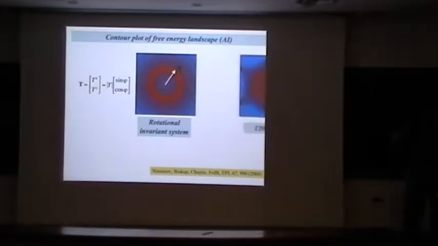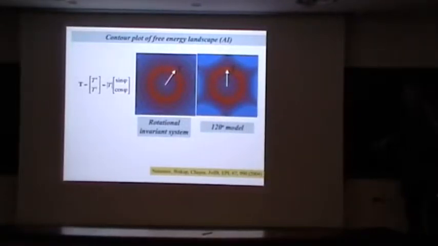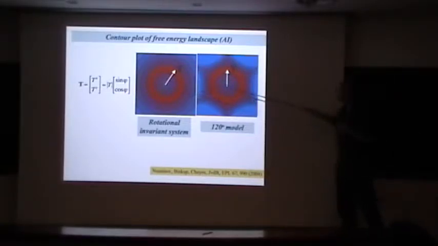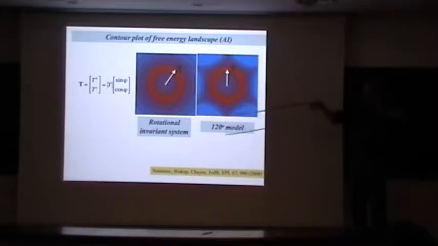Now, if I make the same picture for the 120-degree model, and look only at the ground state, the red path is a perfect circle, like it was here. But the excitations, if I go out to the edges of the Mexican hat, are not symmetric.